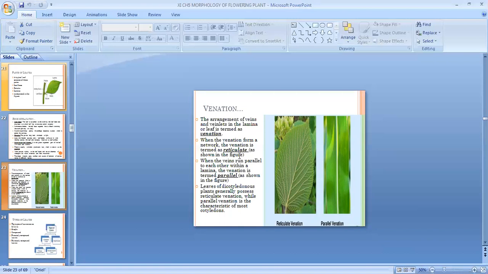It is generally seen in dicot plants. And when the veins run parallel to each other, then you call it parallel venation, and you generally see it in monocots.